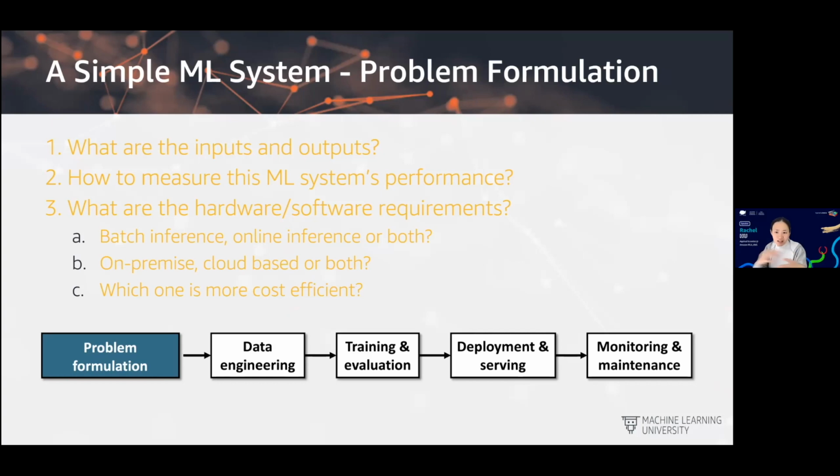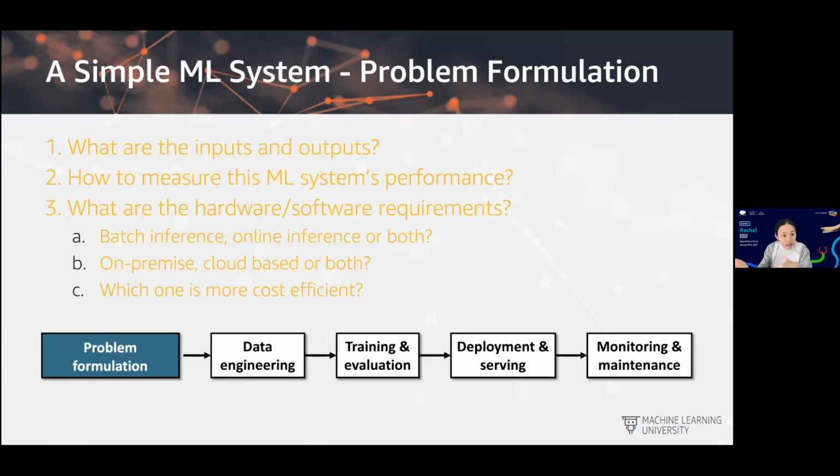There will be tons of metrics. For any of you who are familiar with computer vision, one of the metrics can be IOU, or intersection over union, and we'll definitely need average precision metrics, etc. I won't go into a lot of detail here, but we're just brainstorming together. Question three: what are the hardware and software requirements?